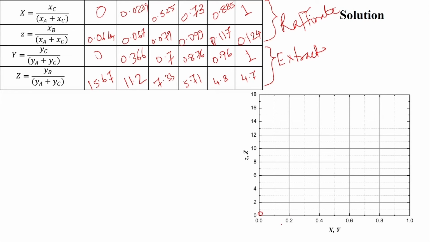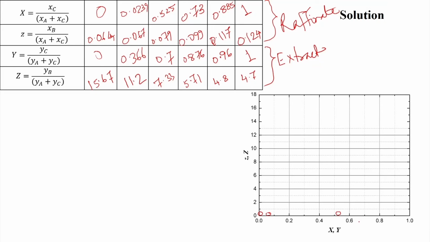Then 0.0239, so it will be somewhere here, 0.067, here also somewhere. Then we have 0.525, so 0.525 means somewhere here, for that 0.079.